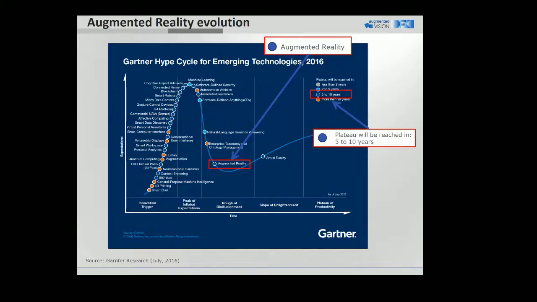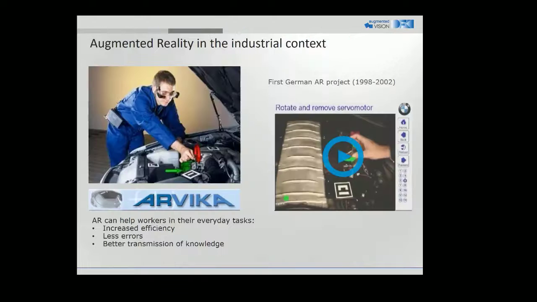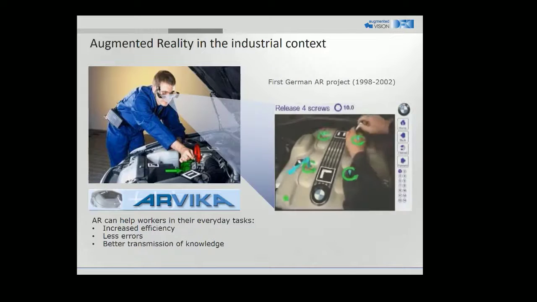But why is augmented reality useful? Well, we can look at the world and see what people are doing in their everyday life. For example, in the context of industry, we can train individuals to become more professional, become better in their work, and make fewer errors.